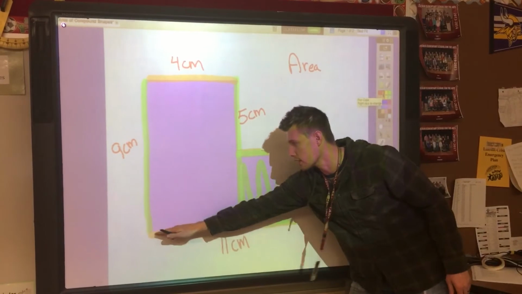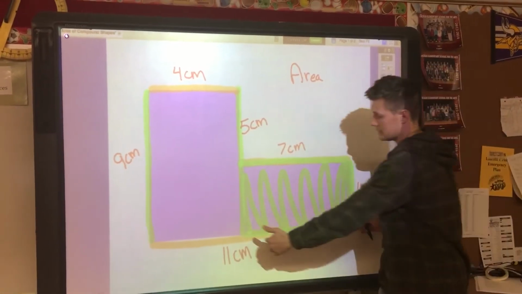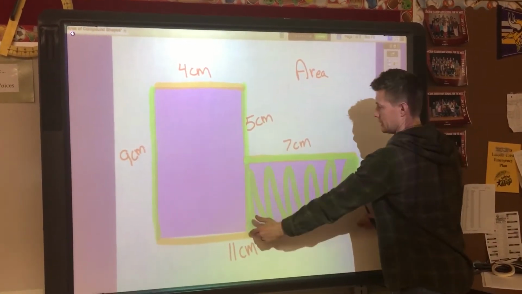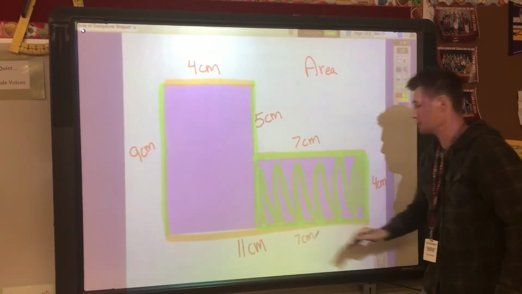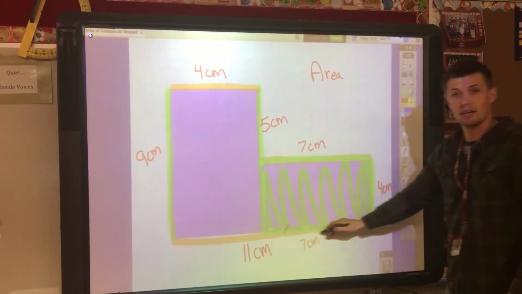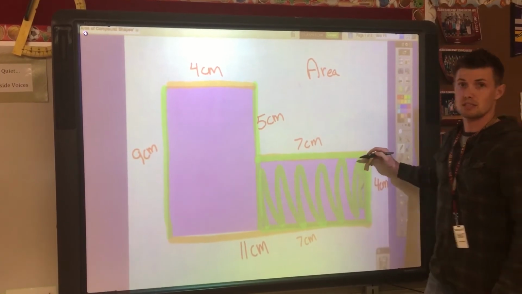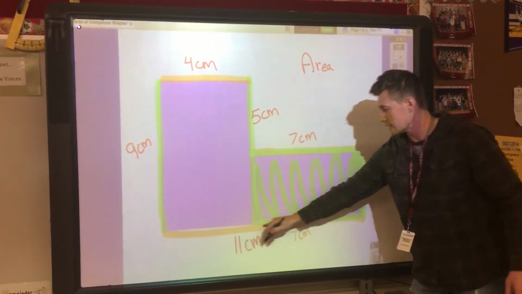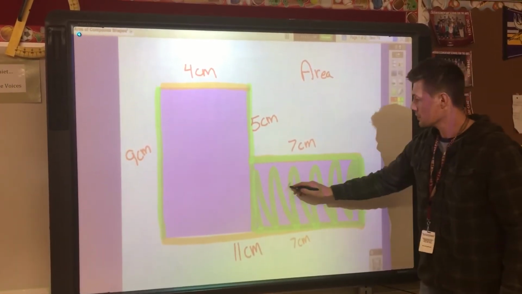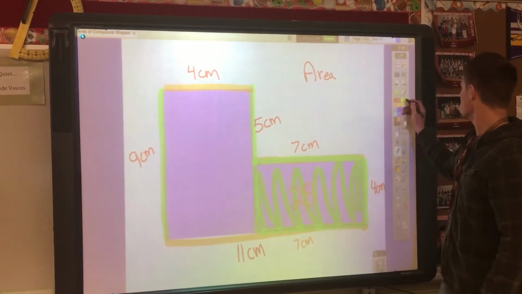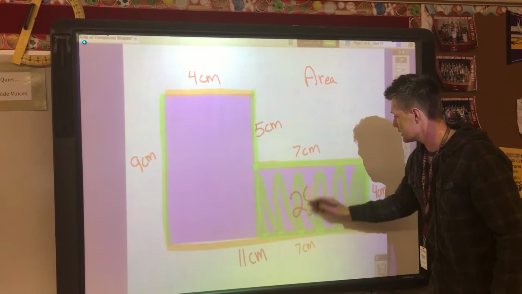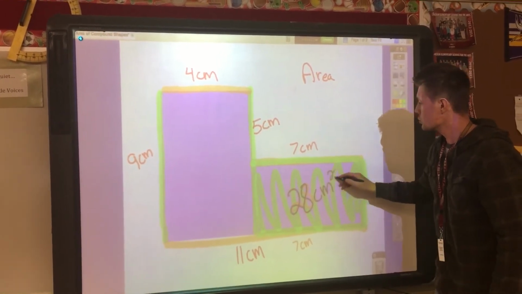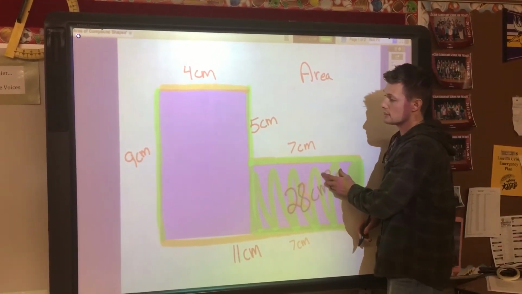The base is no longer going to be 11, but instead 7 centimeters. If this is 7, this is also going to be 7 centimeters. Knowing that our base times height gives us our area, we take 7 times 4, gives us 28 centimeters squared. Area is always squared units.